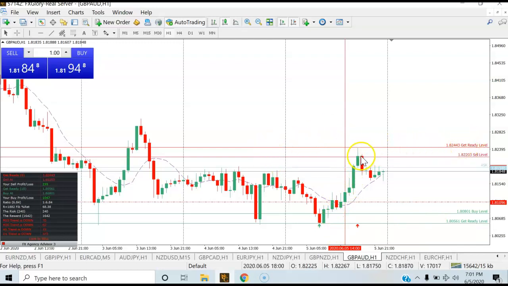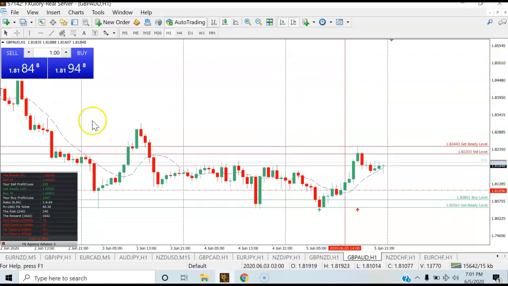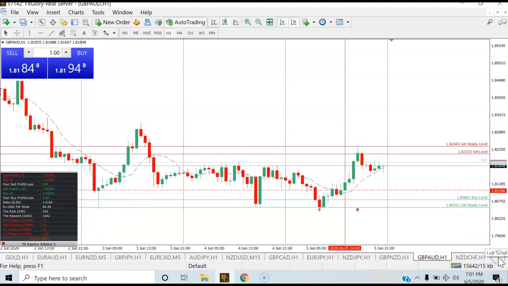Then it gave us a sell signal, and I would not take that because we are now in an uptrend. Pound Australian dollar is in an uptrend because it broke a major resistance level, so this would not really be an ideal trade to take. Even though it did retrace, markets on Friday closed, and I don't think that would have been a good trade to take.